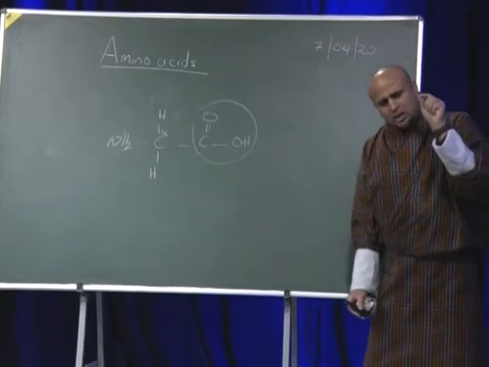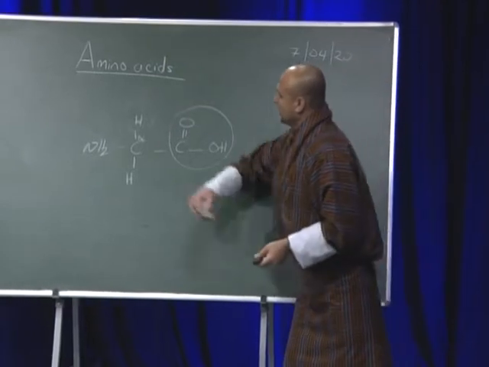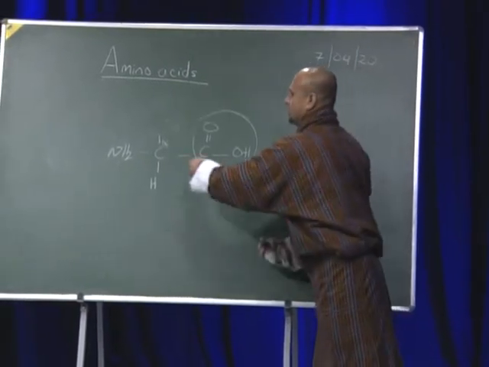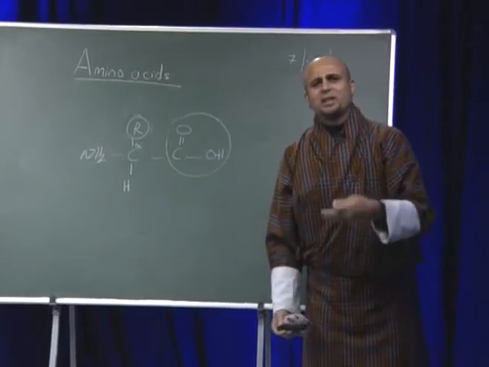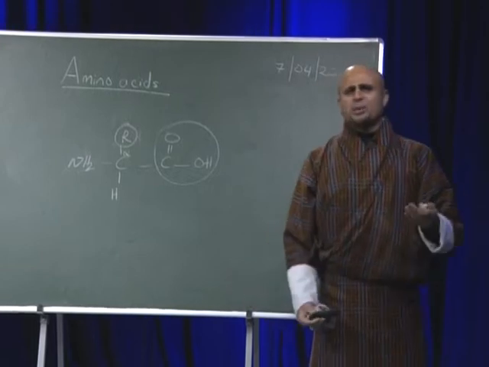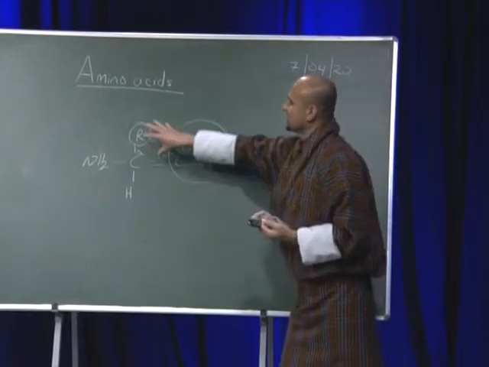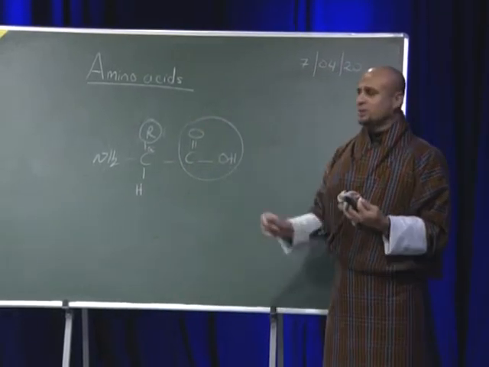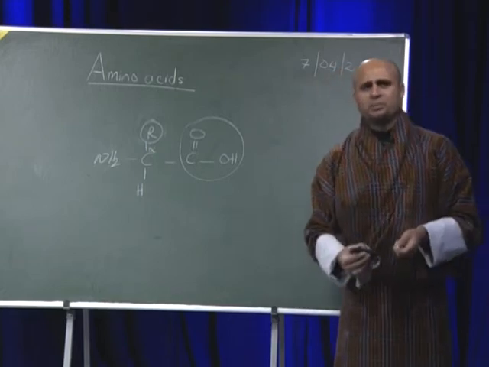Therefore, it is the only amino acid which is optically inactive. Otherwise, this will be R, an alkyl group. It can be methyl, ethyl, propyl, butyl, and it goes on. We have about 20 amino acids. The only thing that changes in the structure is this alkyl group. The rest remains the same. Therefore, all other amino acids are optically active.